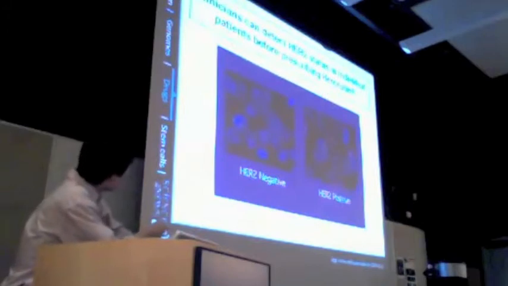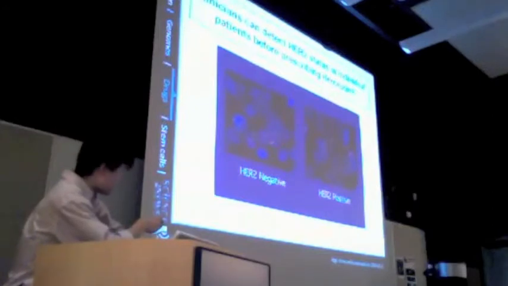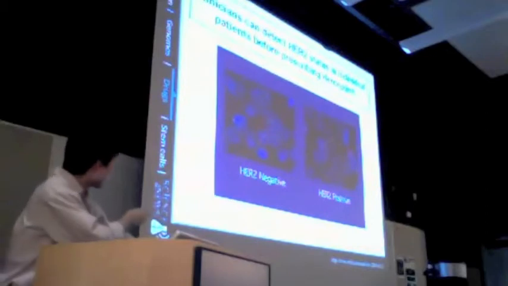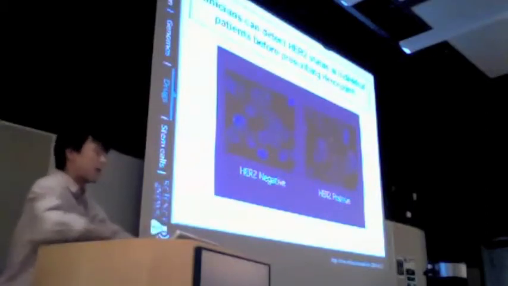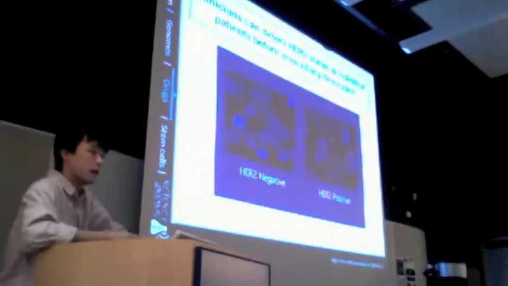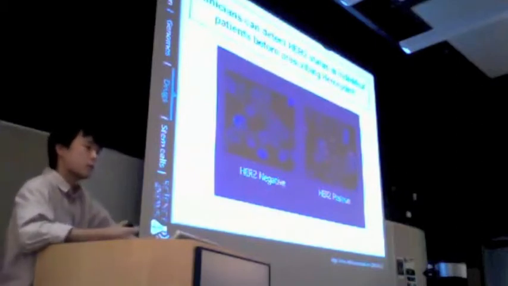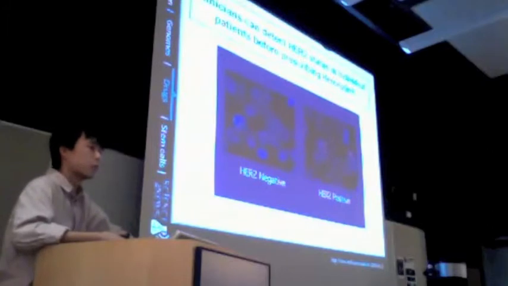And the green dots are basically labeling the part of the chromosome where the HER2 resides. So the green dot indicates that HER2 is normal, and the red dots indicate that HER2 has undergone expansion, which will lead to overproduction of the HER2 protein.